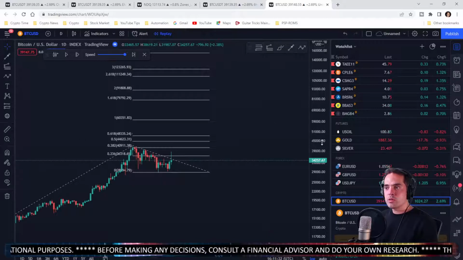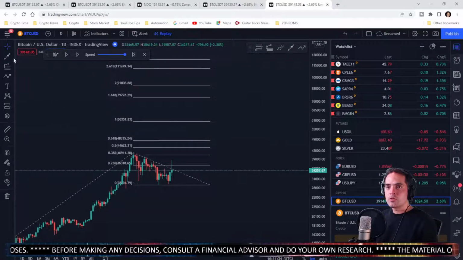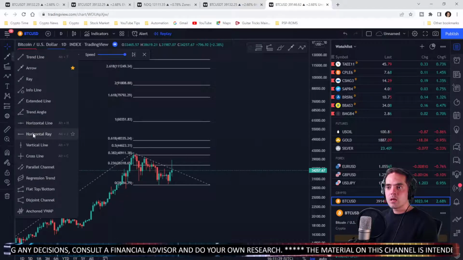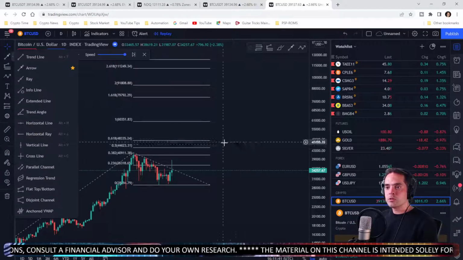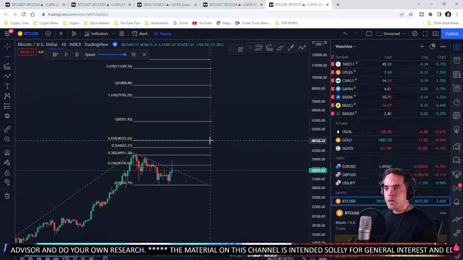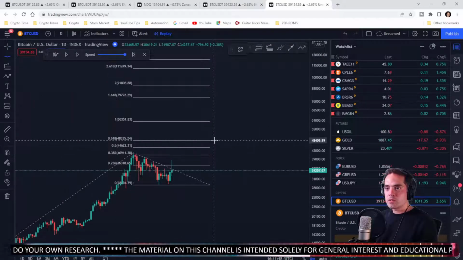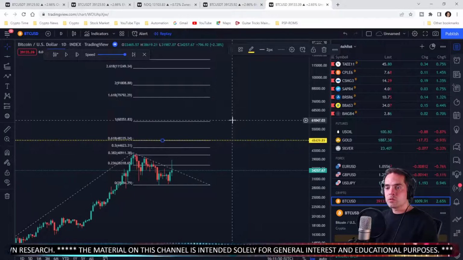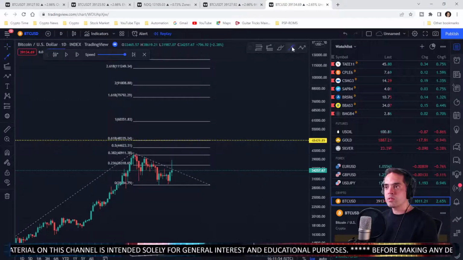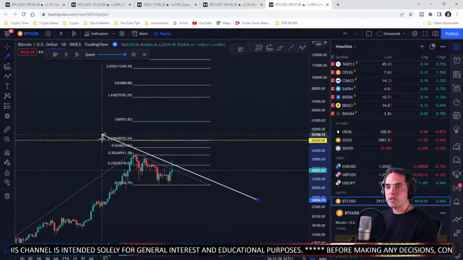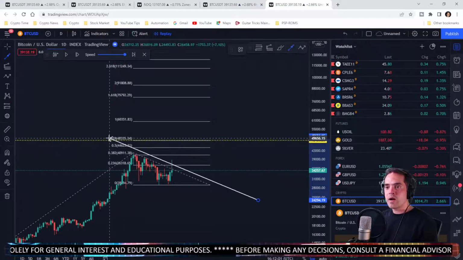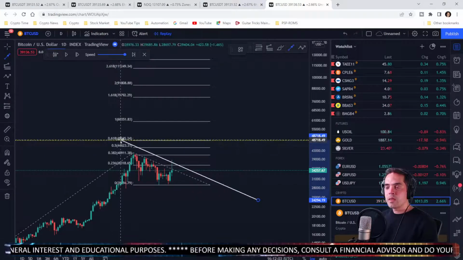So what I can do is draw some horizontal lines to remember. Actually, I'm not going to do that. I might draw one basically on this spot. 0.618 is one of the most important points of the Fibonacci levels, especially for crypto. So 0.5 and 0.618.